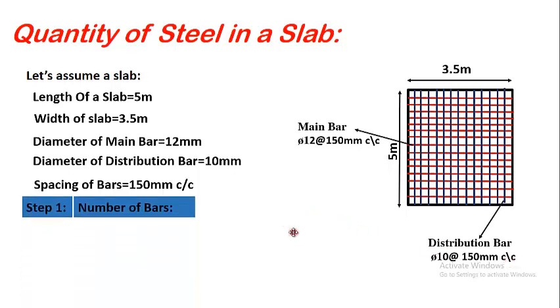Step 1 is the number of bars. To calculate the number of bars, we will have to calculate main bars and distribution bars one by one, as the main bars and distribution bars have different diameters.